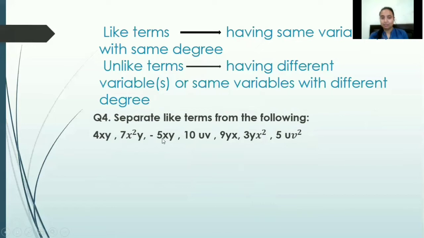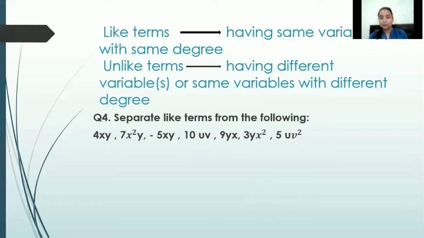Now move on to the second term, minus 5xy. We will not pay attention to the numbers. We are paying attention to the variables xy, xy. So they are like terms. Okay, 10uv, and this is 9yx. xy and yx are the same because multiplication is commutative, so ab equals ba.